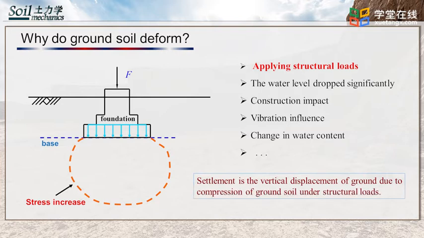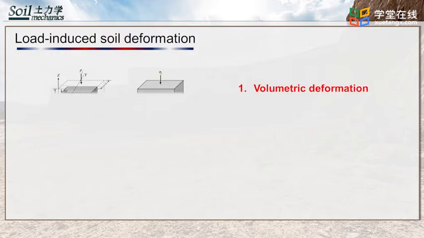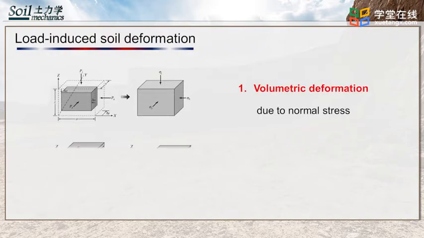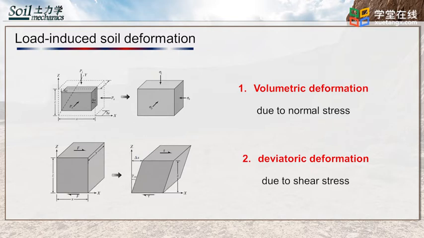Usually, settlement is the vertical displacement of ground due to compression of ground soil under structural loads. The load-induced soil deformations can be divided into volumetric deformation and deviatoric deformation. The volumetric deformation is mainly caused by the normal stress, which compacts the soil, resulting in soil contracting instead of soil failure. The deviatoric deformation is caused by the shear stress.